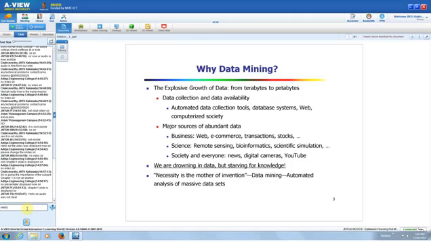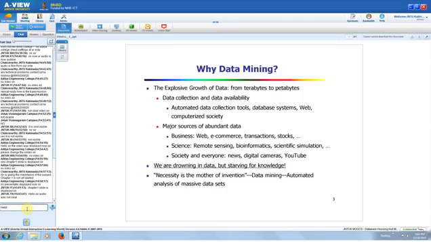The major sources of abundant data are business, web, e-commerce, transactions, stocks, and science, remote sensing, bioinformatics, scientific simulation, and society, the news, digital cameras, your YouTube videos. So these are all the different sources that generate terabytes of data. Okay? So we are drowning in data but starving for knowledge.